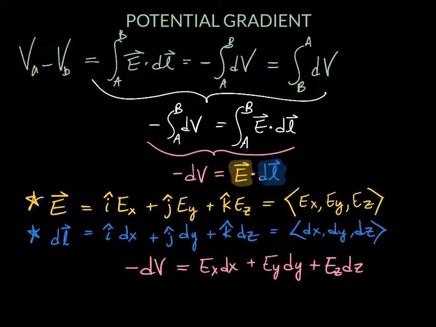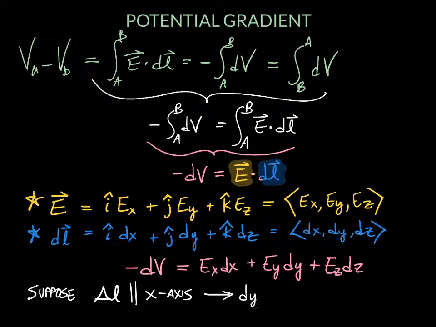So let's see here. Suppose that delta L is parallel to the x-axis, all right? Which means my dy and dz chunks are 0.